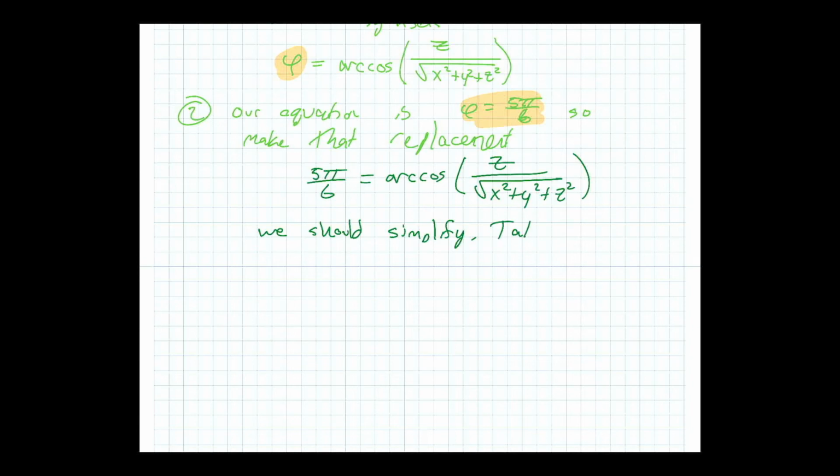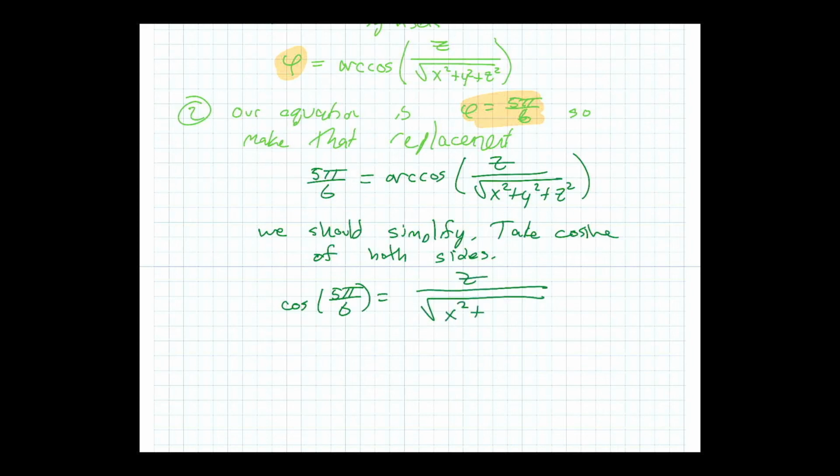Take the cosine of both sides. Why would we want to take the cosine of both sides? Because it's arc cos. That's the inverse cosine. So if I take the cosine of both sides, it'll cancel out on the left. So we'll end up with cosine 5 pi over 6 equals just z over the square root of x squared plus y squared plus z squared.